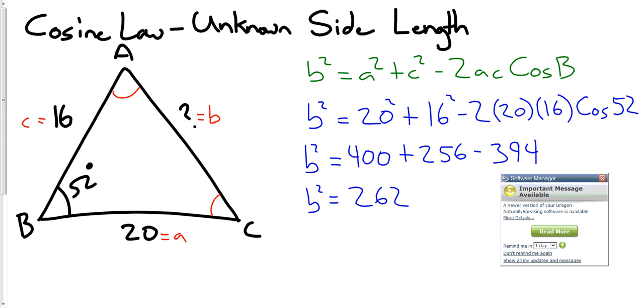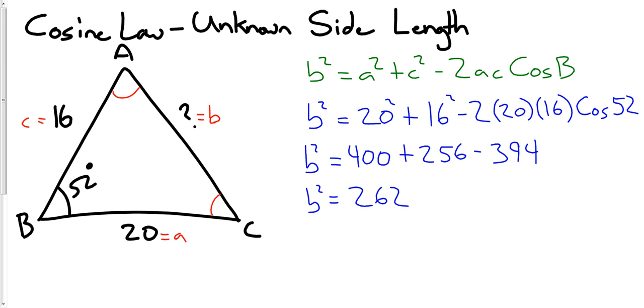The opposite operation of B squared is simply B, and so I need to square root both sides. So I'm going to end up with B is equal to the square root of 262. Because in order to get rid of the square, you've got to square root both sides. And that means, therefore, that side length B is approximately 16.2 units long.